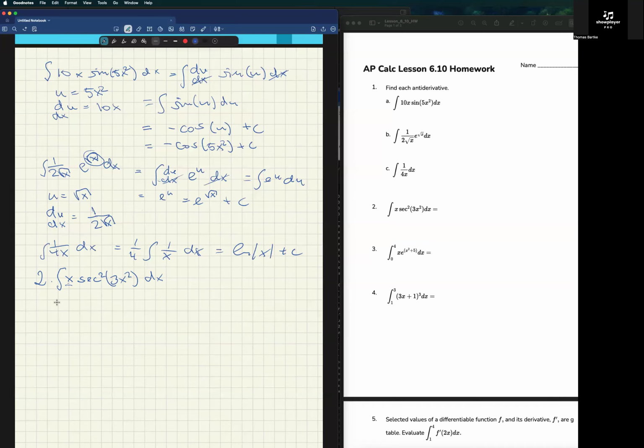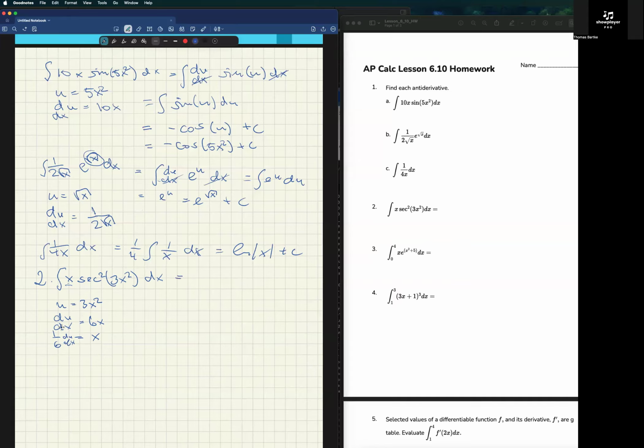So we'll just put u equal to 3x squared, and that makes du dx equal to 6x. And that makes x, if we want to stick with our formula here, x will be 1/6 du dx. Like so. Now we're ready to substitute.